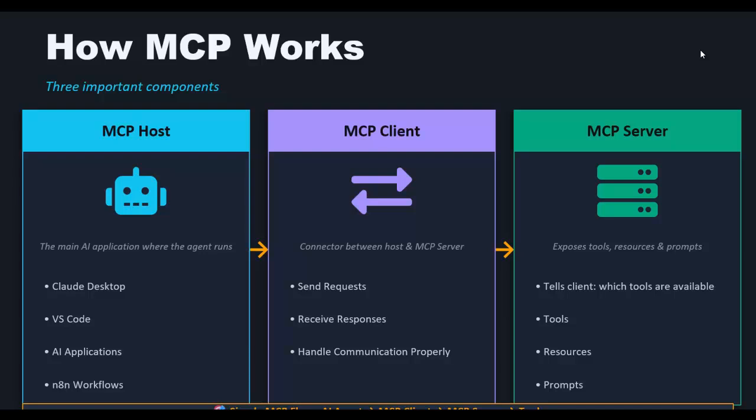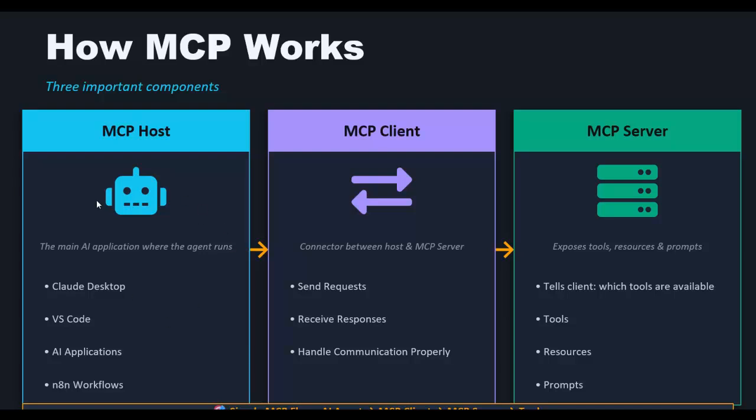MCP mainly works using three important components that you can see here: MCP host, MCP client, and MCP server. So let's start with the MCP host. The MCP host is the main AI application where the agent runs. And here you can see different examples of MCP hosts: Claude Desktop, VS Code, AI applications, and it may be n8n workflows.